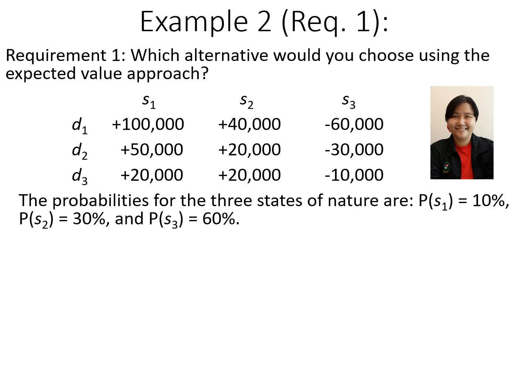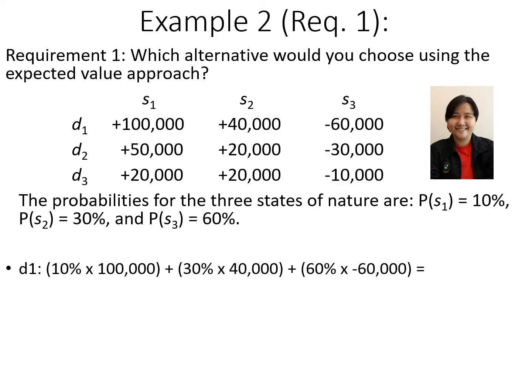For requirement 1, we shall multiply the probabilities for the 3 states of nature with the respective payoffs per decision alternative. For D1, that is 10% times 100,000 plus 30% times 40,000 plus 60% times negative 60,000.